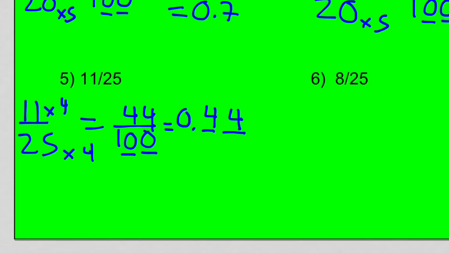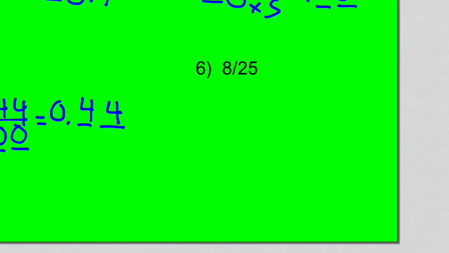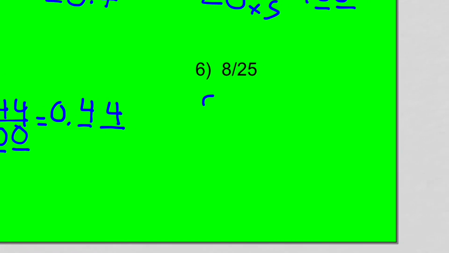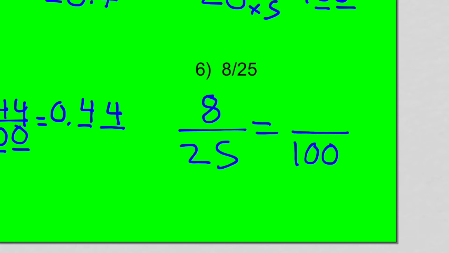Number 6, 8 over 25. We can make that into a fraction out of 100 by timesing by 4 and times by 4. And we get 32 out of 100.